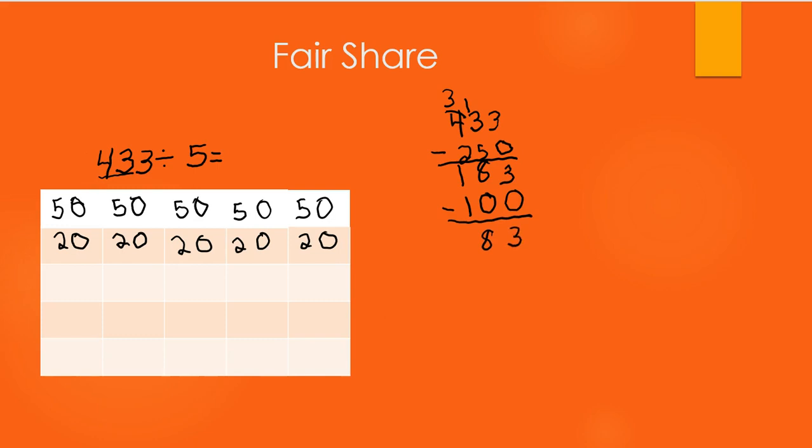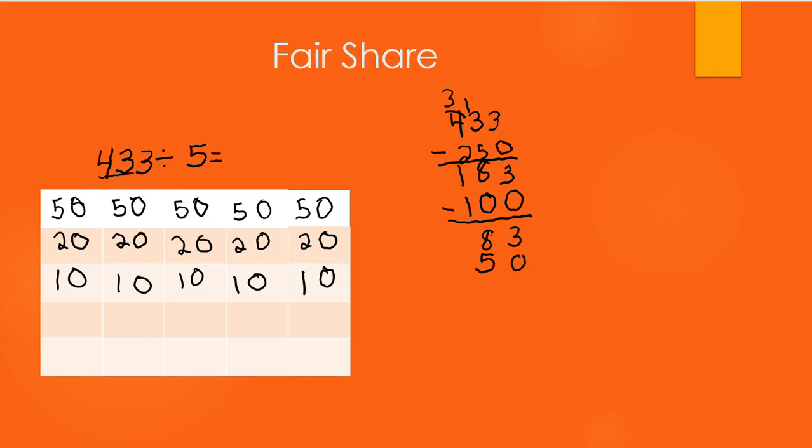So we know that we can't do 20 again because that's going to be 100, and that would be greater than this. So let's go down to tens. So I have 5 tens, and 5 times 10 is 50.